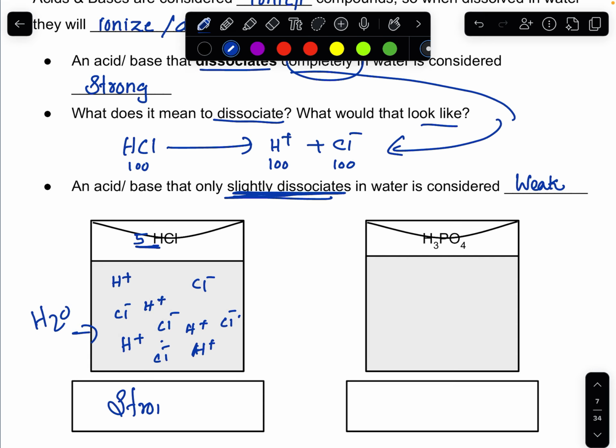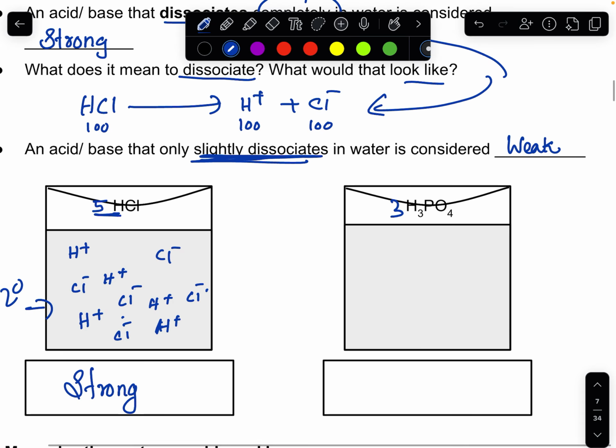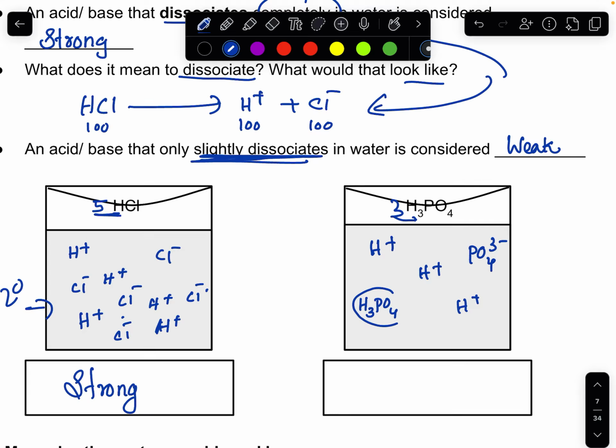So that is an example for what? Strong acid. At the same time, if you have 3 molecules of phosphoric acid, we know there are a total of 9 hydrogen, but maybe only one molecule will dissociate. One molecule has 3 hydrogen and 1 phosphate, and the rest of them will stay in the solution as undissociated.